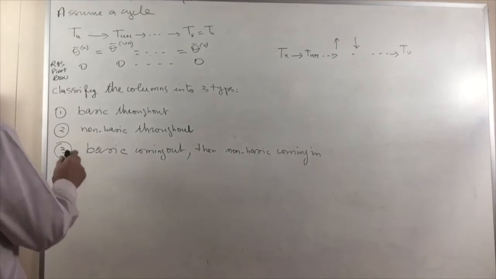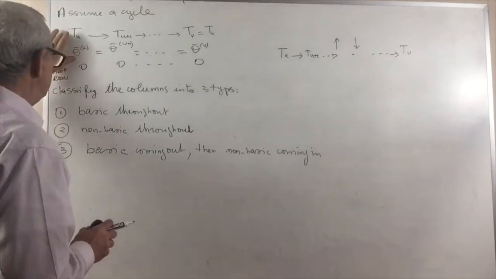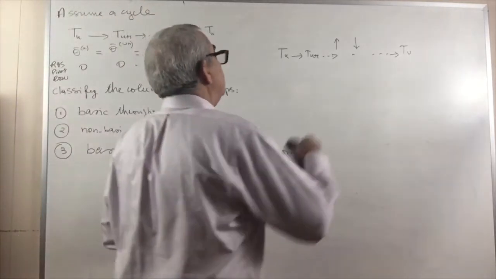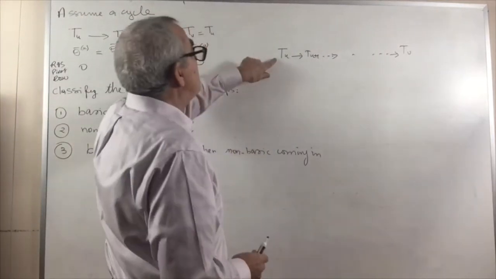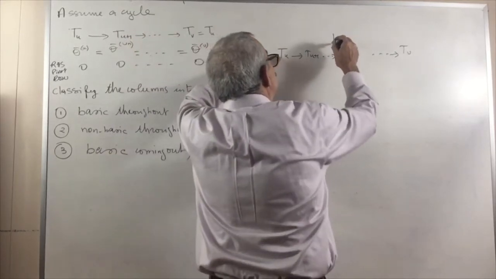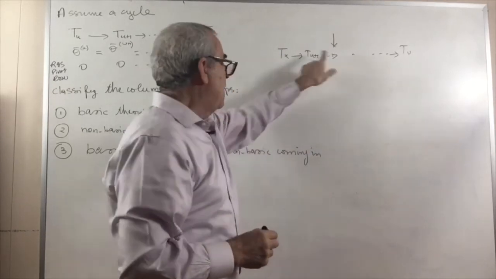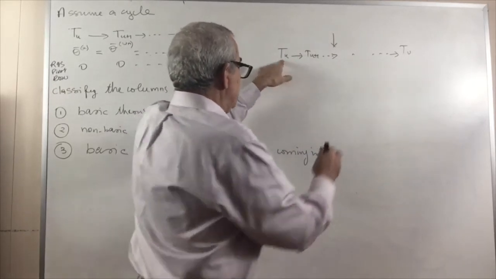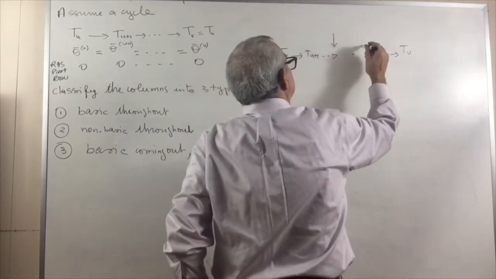And the other case is I have a variable the other way around. I have a variable that's non-basic here, and at some point it came into the basis. Here it became part of the basis, but since it's non-basic here, it's also non-basic here. So here it has to come back out at some point before TV.